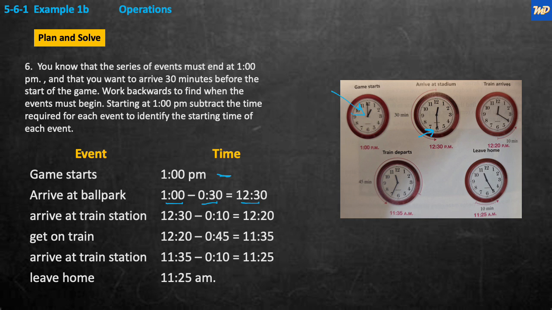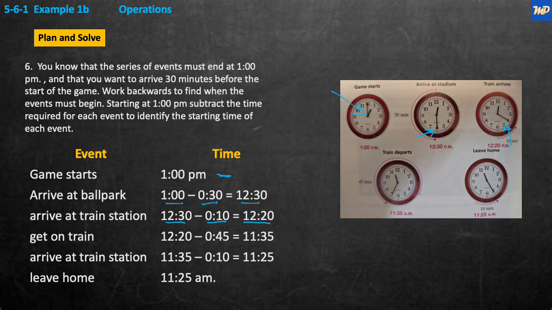So at 12:30, we have a 10-minute walk. We start at 12:30 and subtract 10 minutes. And at 12:20, right here, we're going to be at the train station. Kind of going backwards. Okay?